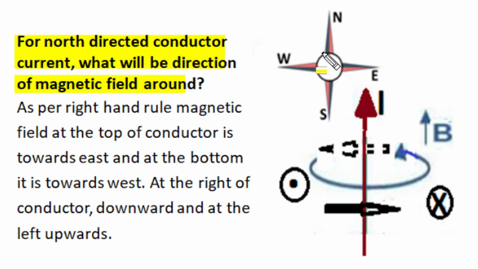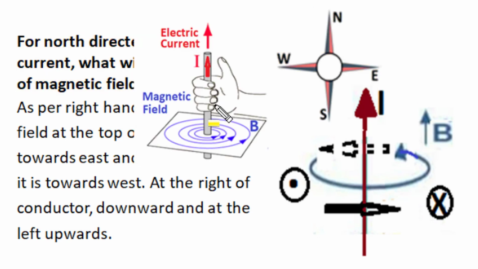So let's assume that north is the top upward direction and south is just opposite to it, and east and west can also be obtained from this directional diagram. And when current is directed along north, then as per the right hand thumb rule, when the thumb is pointing in the direction of current, the curl of the right hand around this conductor in anti-clockwise direction represents the direction of the concentric circle magnetic field.